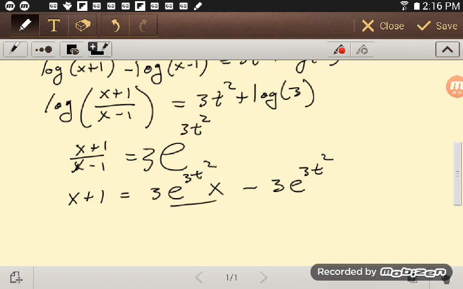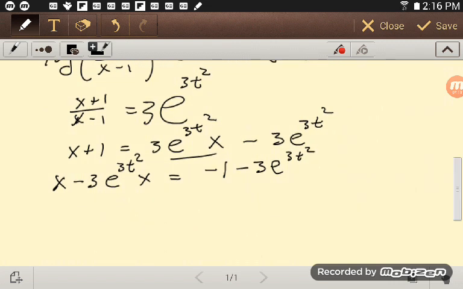Bring this x over and take that 1 over, and so I have (x minus 3e to the 3t squared) times x equals minus 1 minus 3e to the 3t squared.